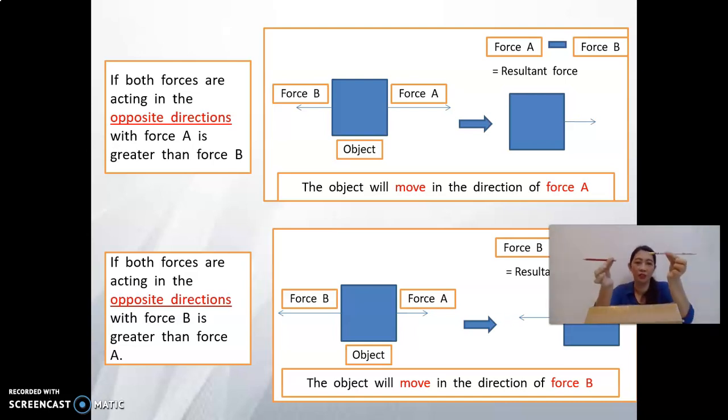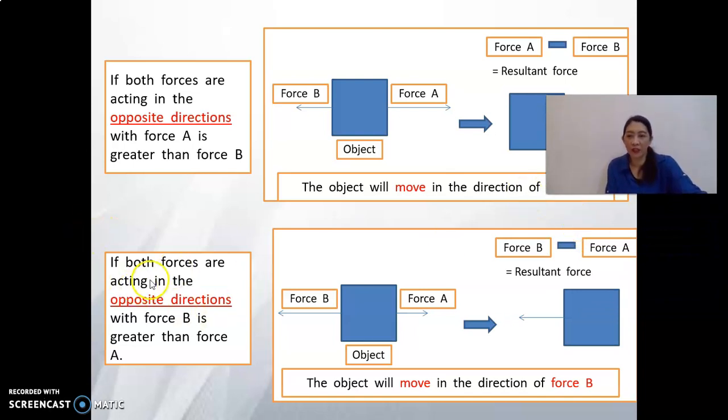This is force B and this is force A. Force A is greater than force B, so the resultant force equals force A minus force B. The arrow is going to the right because force A is longer than force B. You need to write that the arrow is going to the right. The object will move in the direction of force A.